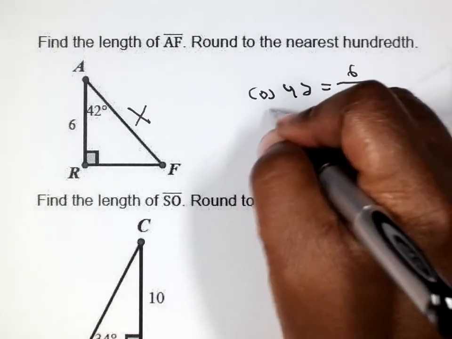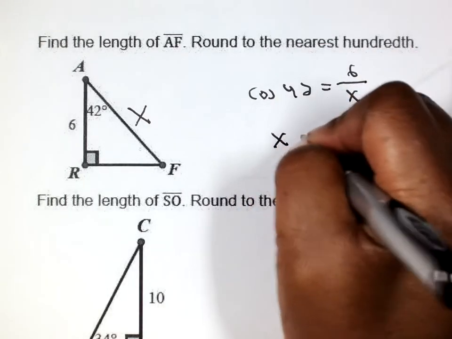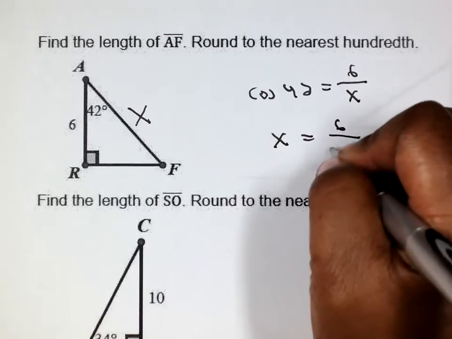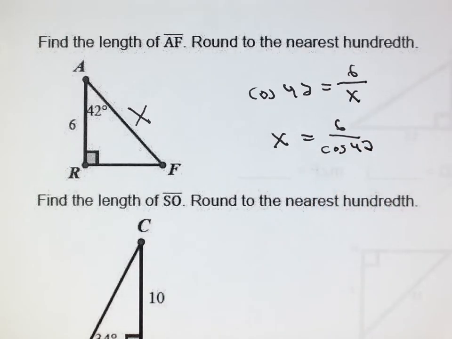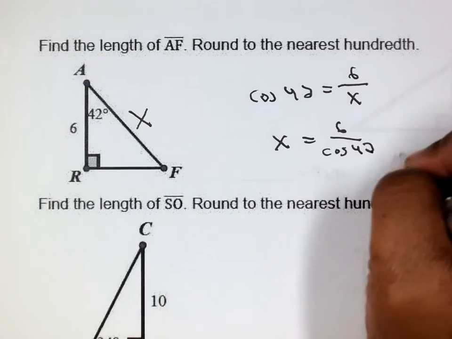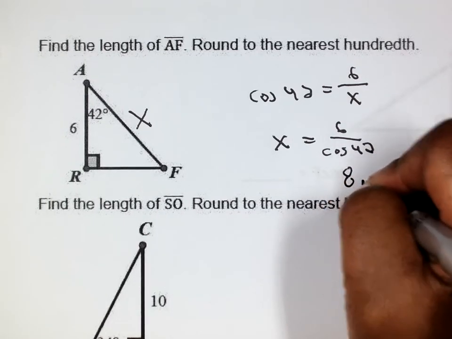And multiply by x, divide by that cosine, we get x is equal to 6 divided by cosine 42. And that I can plug in my calculator. And rounding to the nearest hundredth, it's 8.07.